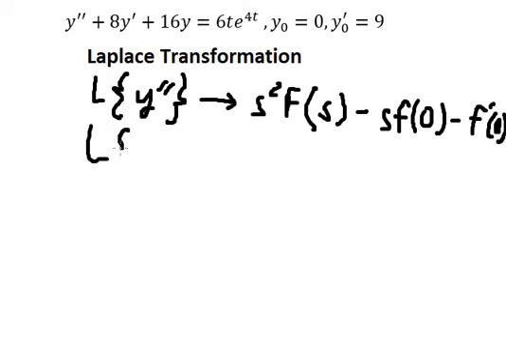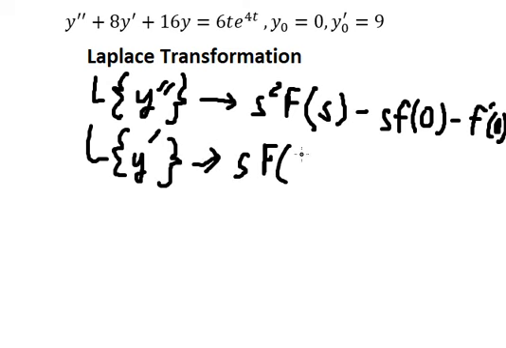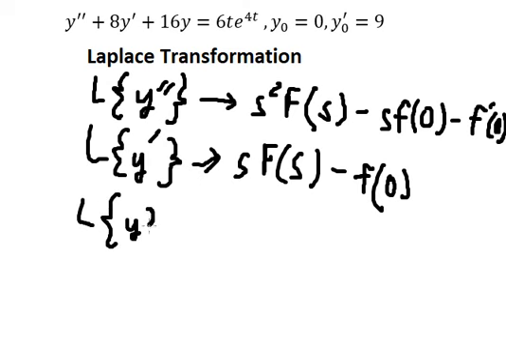The next one, the first derivative of y, that is s times capital F of s, minus f of 0. And the next one, the original y, that is capital F of s.